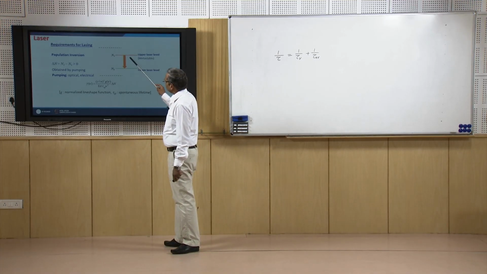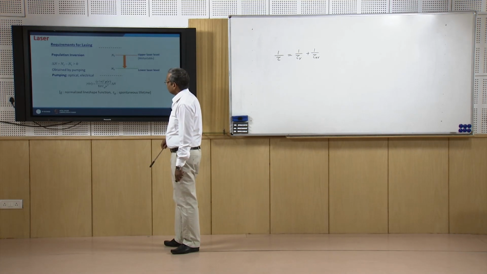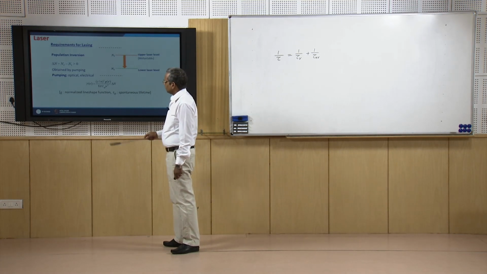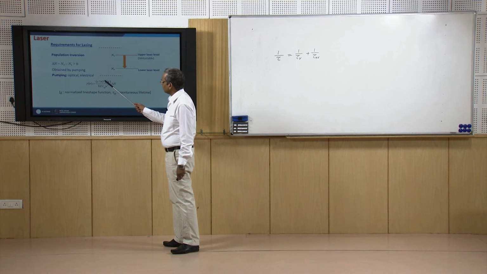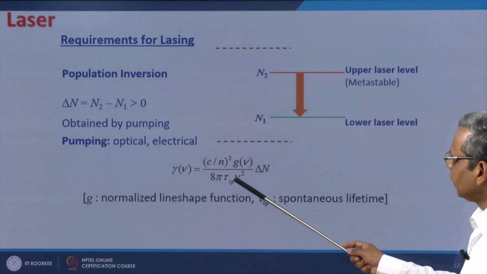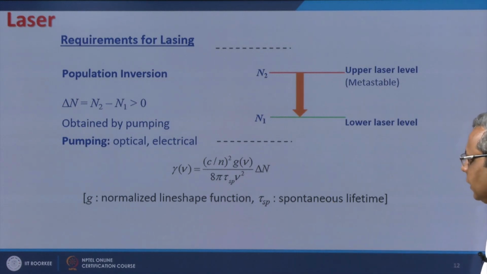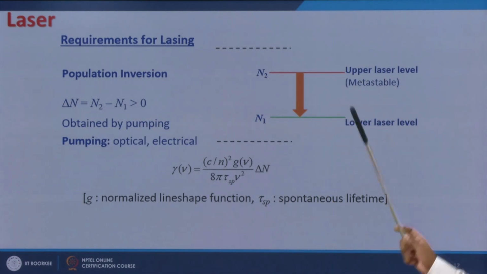Then the gain of this system is given by gamma nu equal to C by n square, G nu divided by 8 pi tau sp nu square, times delta n. What does it mean?